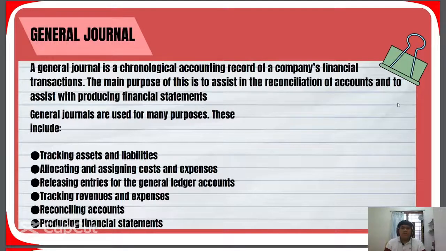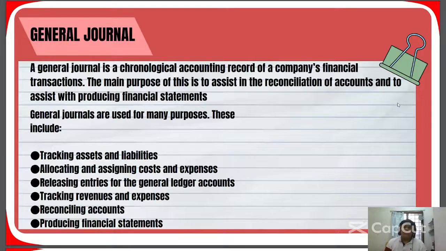My name is Ikmal bin Ikhwan and I'm going to proceed on to the General Journal. So, the General Journal is a chronological accounting record of a company's financial transactions. The main purpose of this is to assist in the reconciliation of accounts and to assist with producing financial statements.